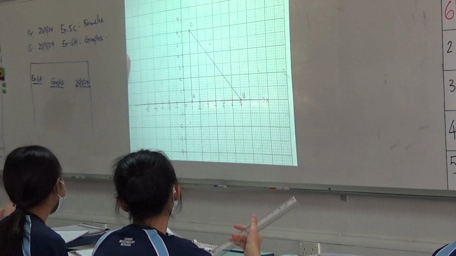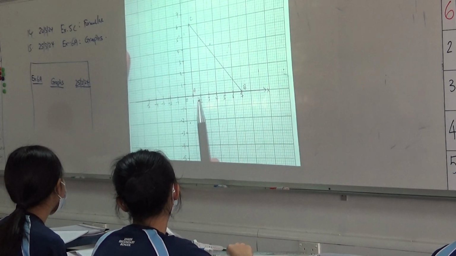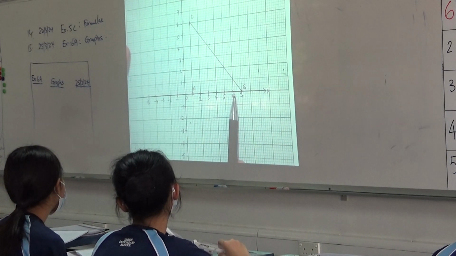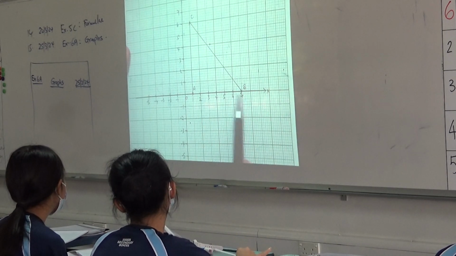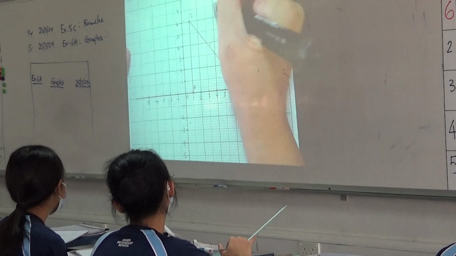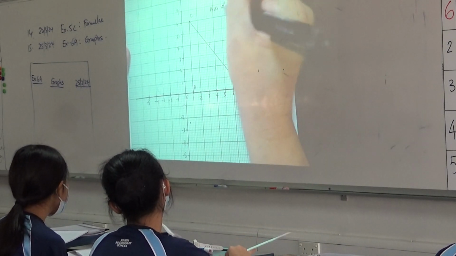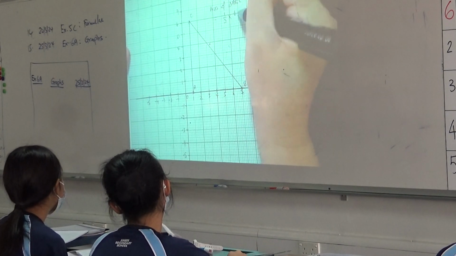Listen. This one we cannot take 6 here. How many units from A to B? 6. 1, 2, 3, 4, 5, and 6 units. How many units from A to C? 6, right? So you can write here: area of triangle ABC equals half times 6 times 6.